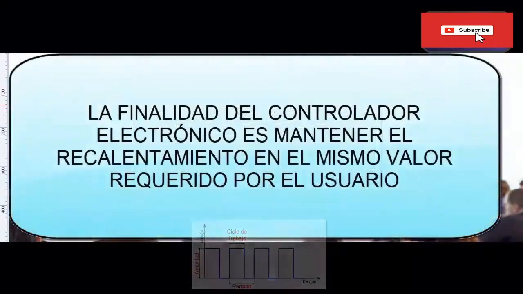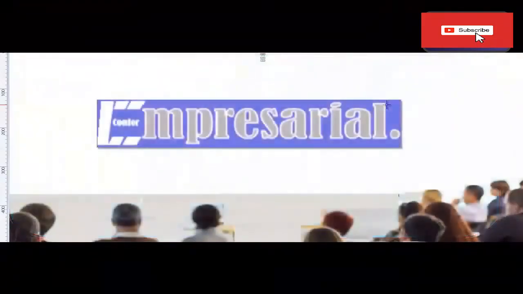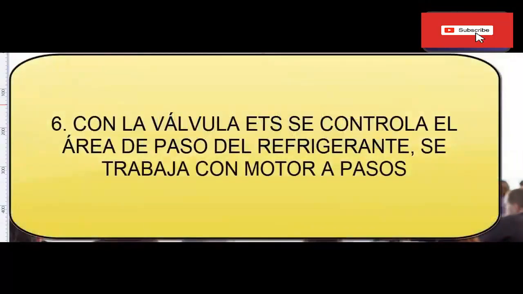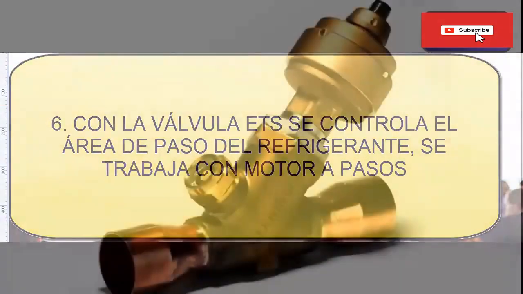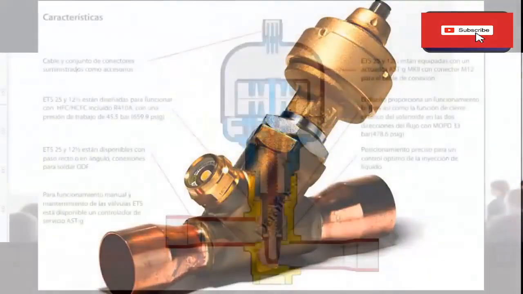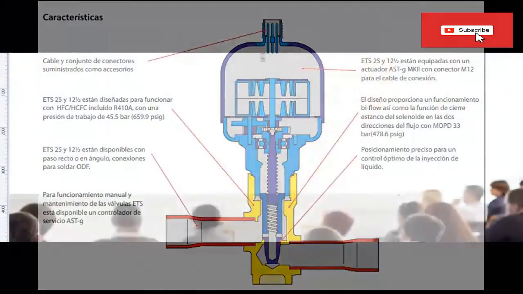The valve opening is independently adjusted so that the evaporator provides the optimum amount of refrigerant at all times. 6. When working with ETS electronic expansion valves with stepper motor, the controller acts by regulating the expansion valve passage, based on the temperature and pressure readings obtained by the probes.